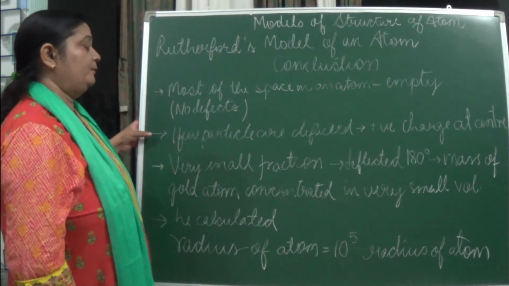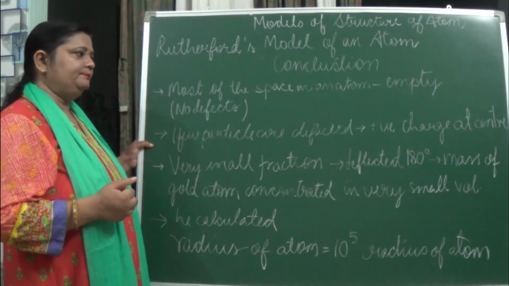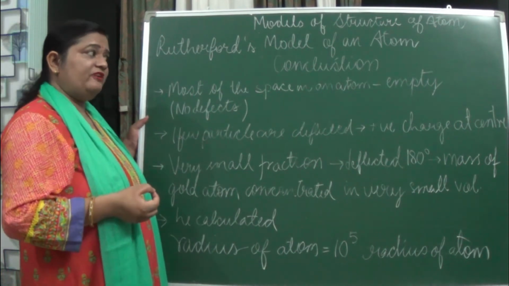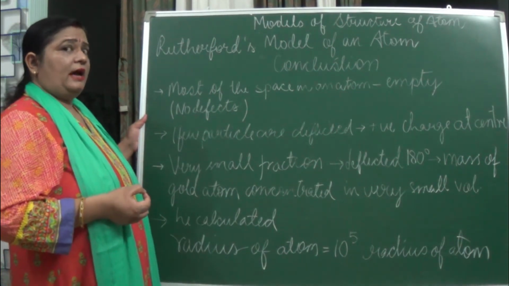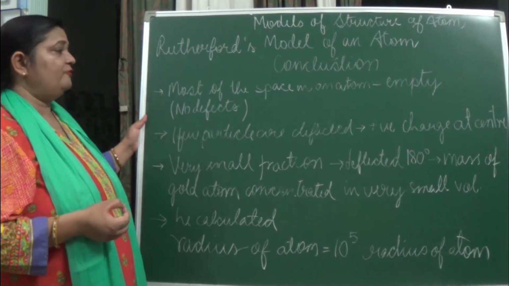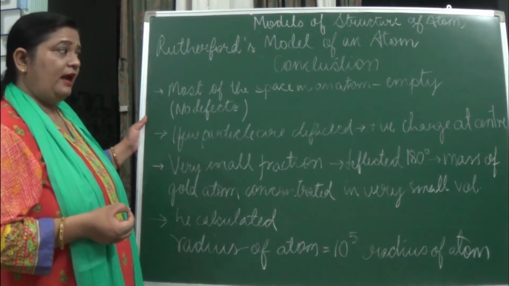Now, next he saw what? That a few are getting deflected with some angle. And there he said that yes, a few are getting deflected. It means alpha particles are positively charged. And if it is positively charged, naturally what will happen?